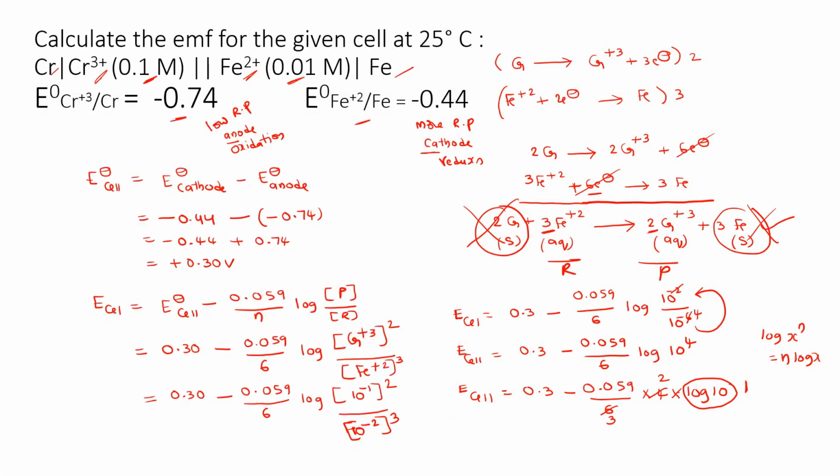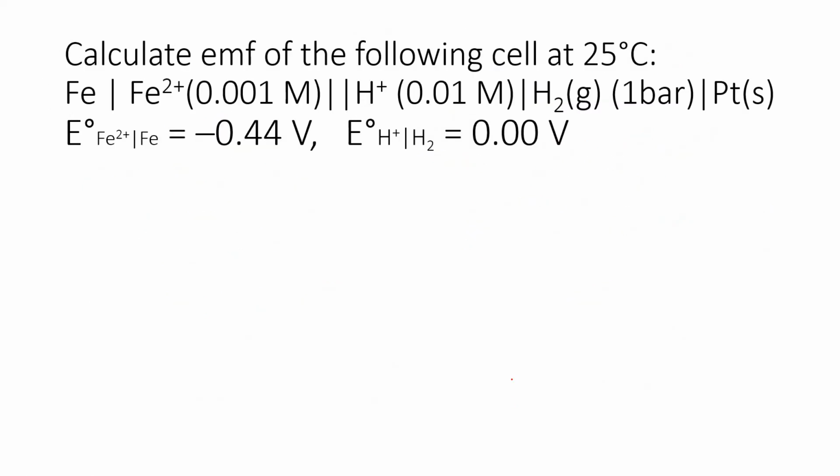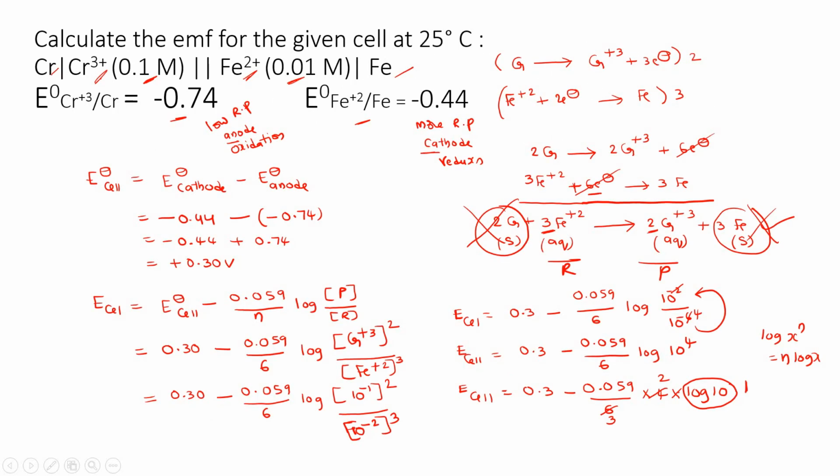Now here after calculating this one, we are going to get value, isn't it? We are going to get value here 0.3. This value we are going to get how much here? After substitution of this value, we are going to get around 0.039. Now 0.3 minus 0.039 is equal to how much here?